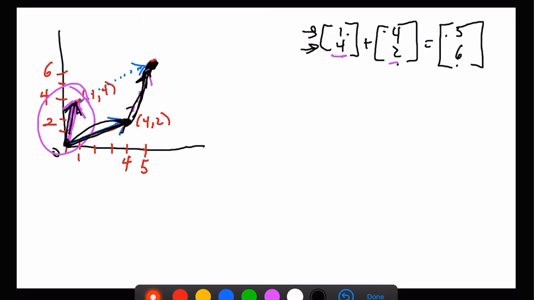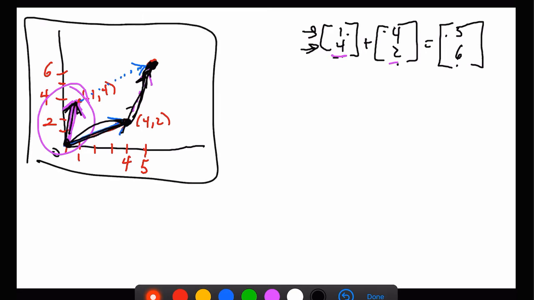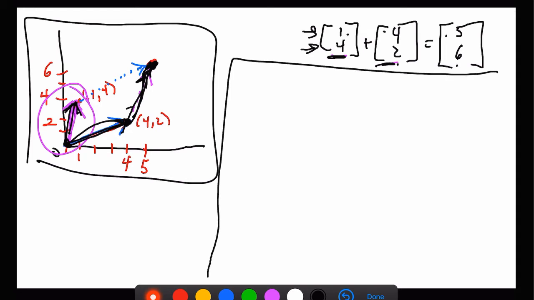So I can show vector arithmetic, if only in 2 dimensions here, using my graph. That right there is that right there just moved over. And if you say, well, that looks kind of like playing pool or something, yeah, it might be that too.